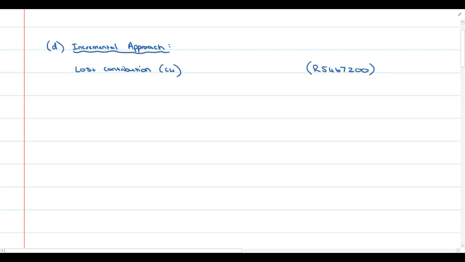Now, what you could do as an alternative, instead of just showing this in one step over here, you could have shown this in 3 separate steps. First, you could show the income that they are losing out on, so the lost revenue. So show the revenue as a cost, but then you need to take into account the fact that the direct material costs and the variable overhead costs will be saved if they discontinue the production of desktop computers.